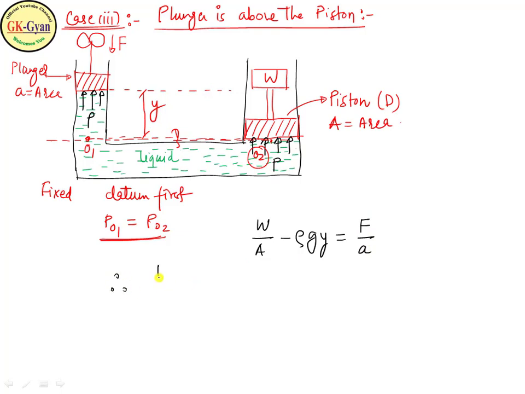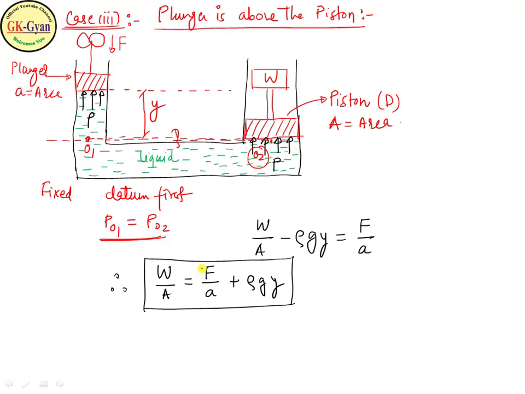Therefore W by A equals F by A plus rho g y. This is the formula for calculating any values when the plunger is above the piston.